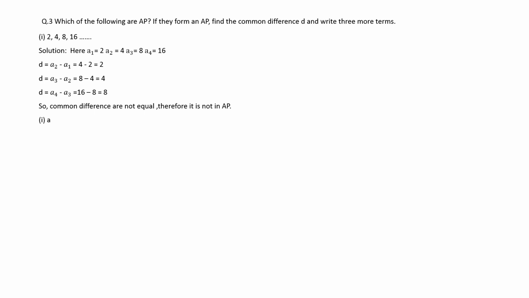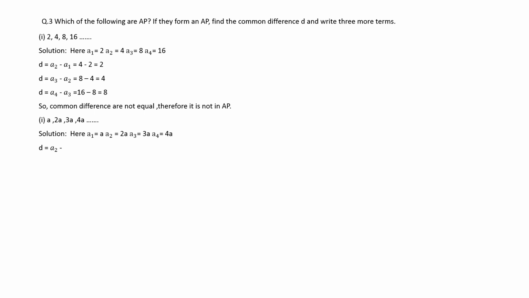Let's take one more question. Here a, 2a, 3a and 4a. We need to check whether these are in AP or not. If it is in AP, then find the common difference and the next three more terms. So a1 is given as a, a2 as 2a, a3 is 3a, a4 as 4a.